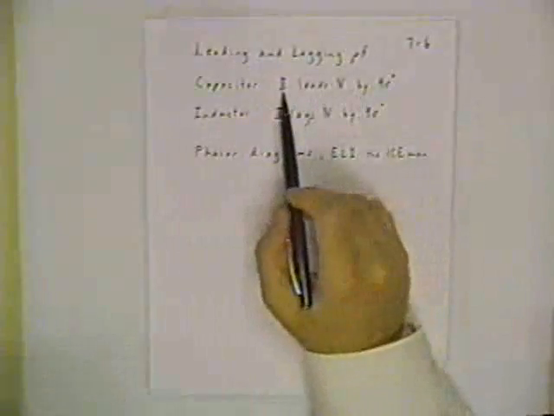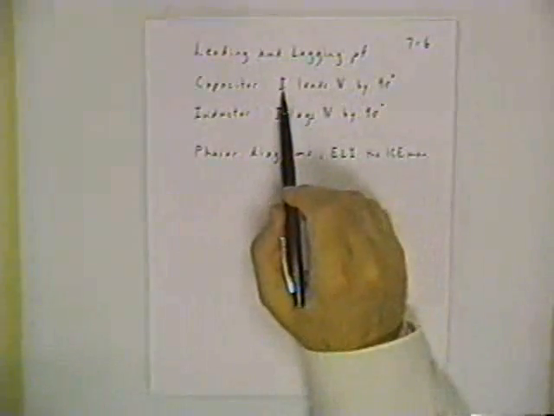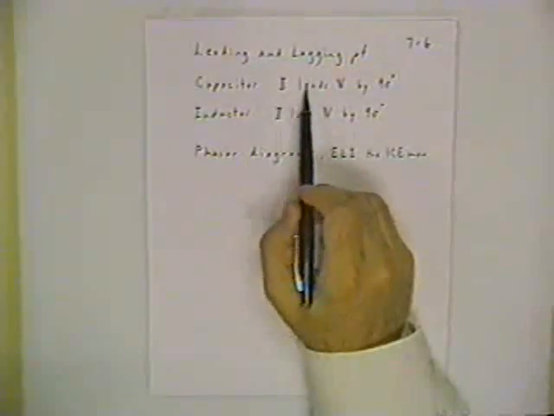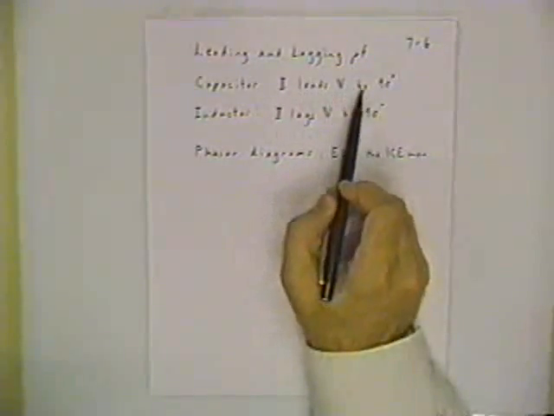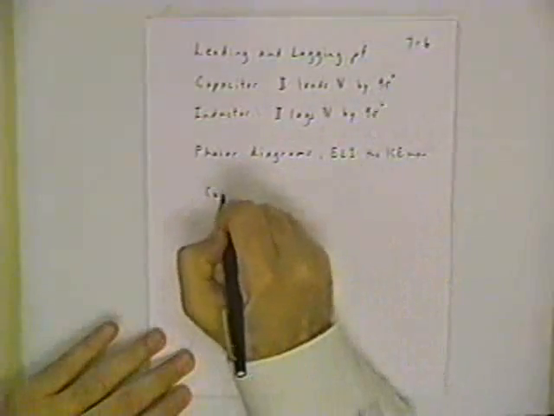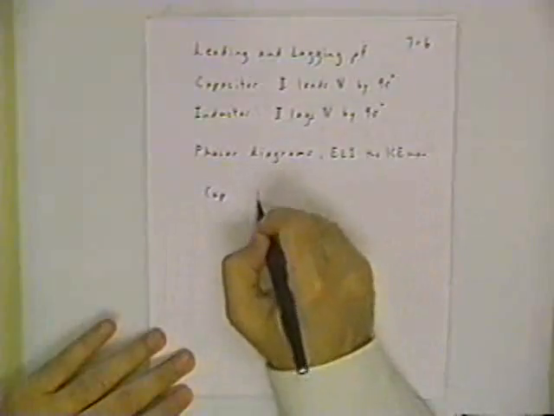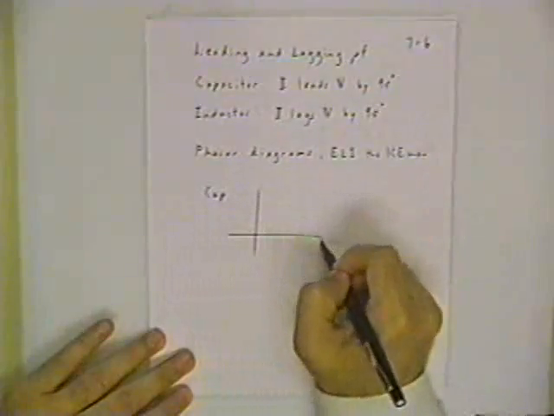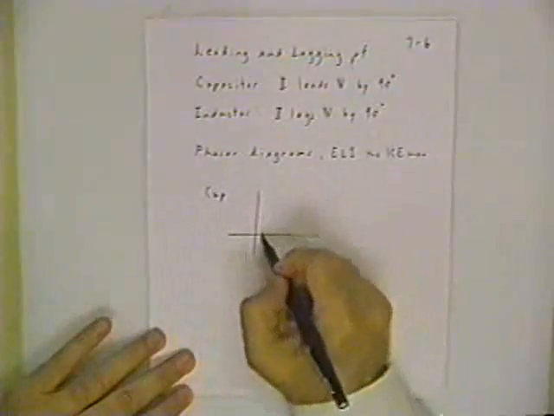Well, to illustrate, if you think about the phasor diagram for a capacitor, its current phasor is going to be ahead of its voltage phasor by 90 degrees worth of phase shift. So if you have a capacitor phasor diagram, here's the real axis and the imaginary axis.